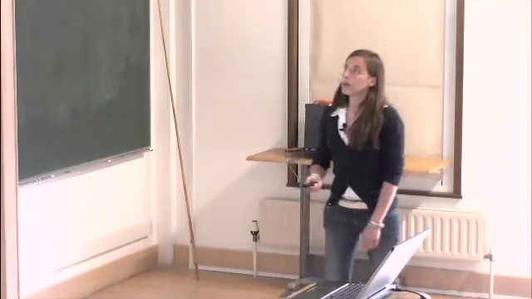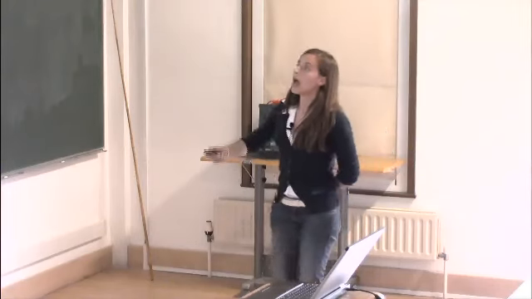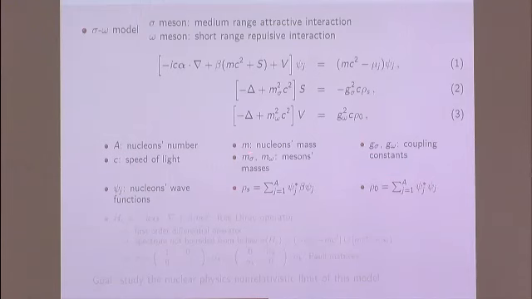Here, m is the nucleon's mass, c is the speed of light, ψ_j are the wave functions for the nucleons, and ρ_s and ρ_0 are densities which are defined in this way, where A is the number of nucleons. m_σ, m_ω are the masses of the mesons, and g_σ, g_ω are the coupling constants. m_σ, m_ω, g_σ, and g_ω are the parameters of the model.